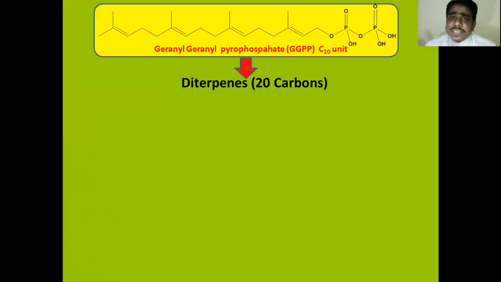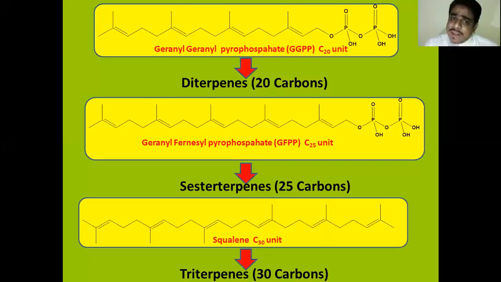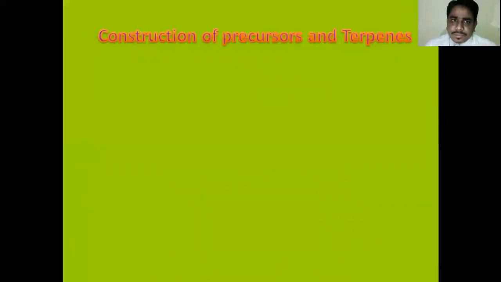Diterpenes in nature contain 20 carbon atoms, so GGPP is the precursor for the diterpenes. Sesterterpenes contain 25 carbon atoms. So geranyl farnesyl pyrophosphate, a 25 carbon unit, is a precursor for the sesterterpenes. And lastly, squalene, a 30 carbon unit, is a precursor for the triterpenes, because all the triterpenes contain 30 carbons.